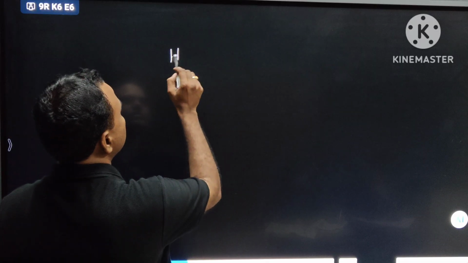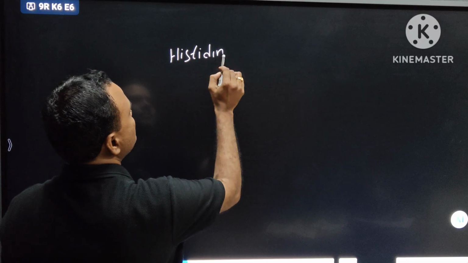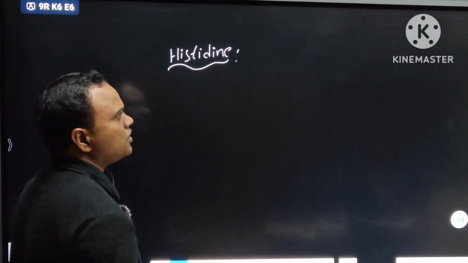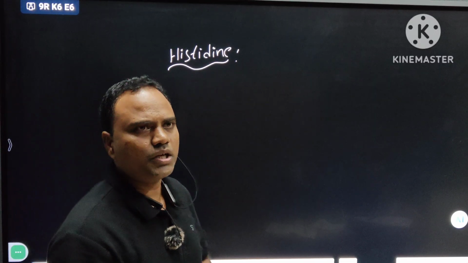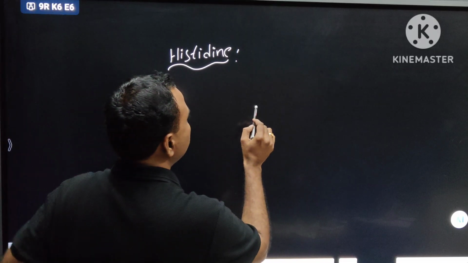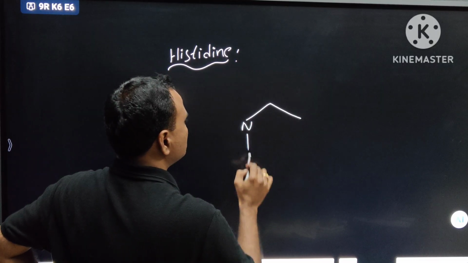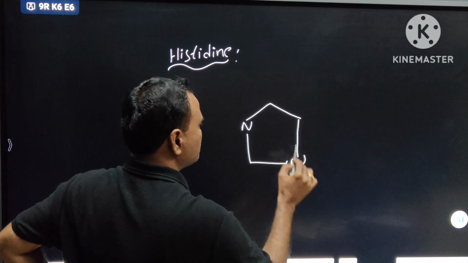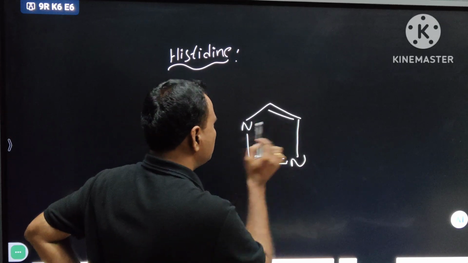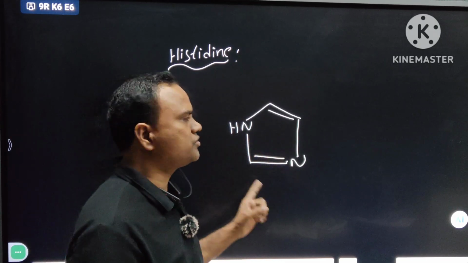Next, histidine. We have codes also. After that, I will give the codes. Very, very helpful to you. Histidine. First, you have to draw like this.